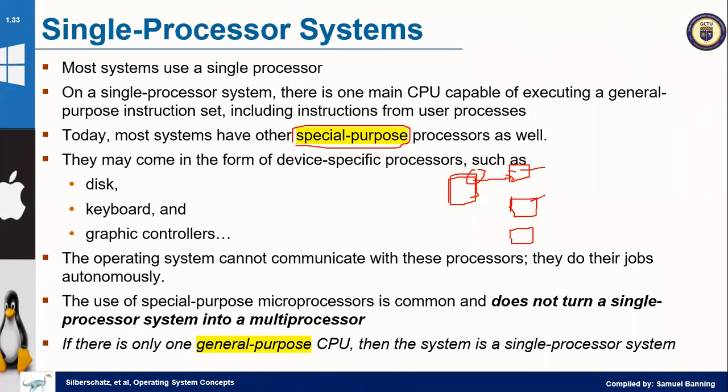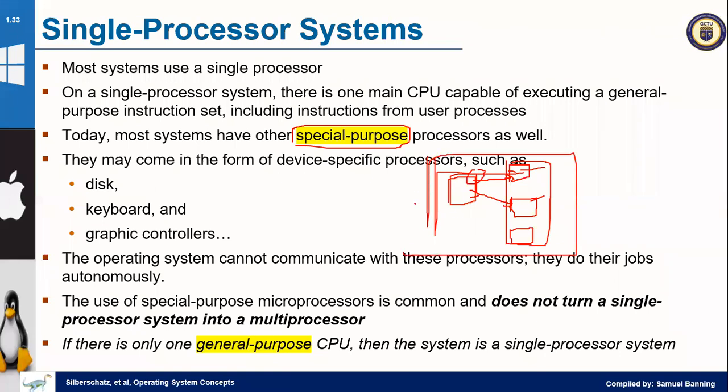Maybe this is the camera processor. If there's any camera activity, the main CPU will relegate that task to the camera processor. So these are special purpose processors that are there to support the main CPU. It does not make it a multiprocessor system. It is still a single processor system.